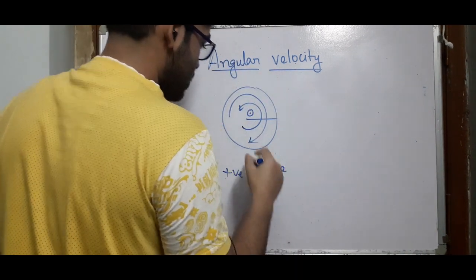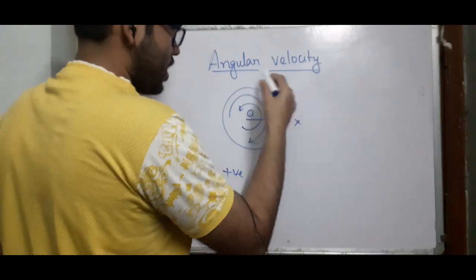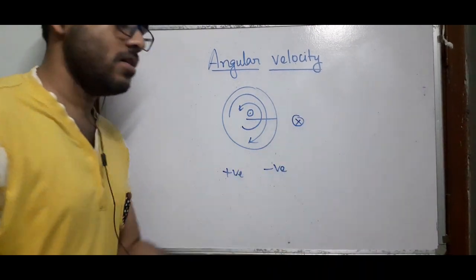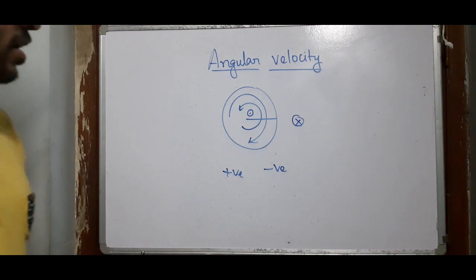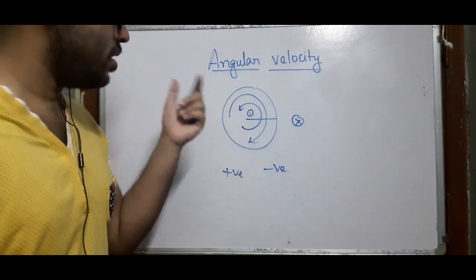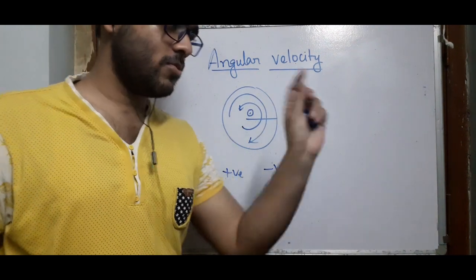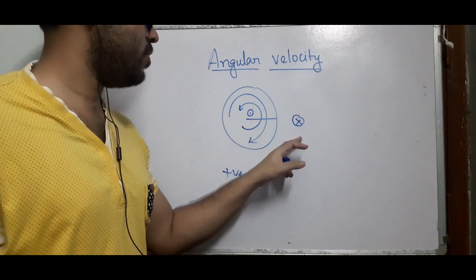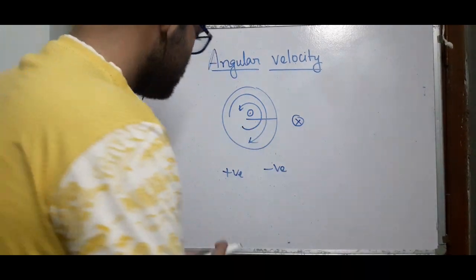So in negative rotation, the direction of angular velocity is denoted by a cross inside a small circle. I think if you have done something on electrostatics, magnetostatics or EM theory earlier, you will be familiar with this notation.